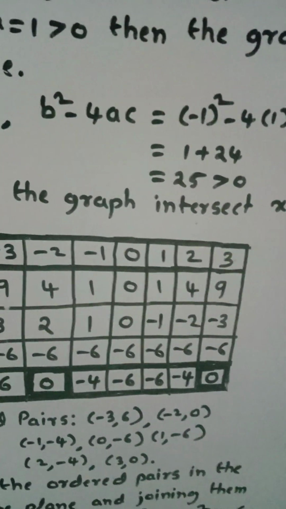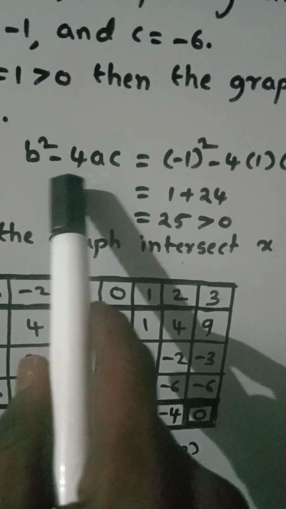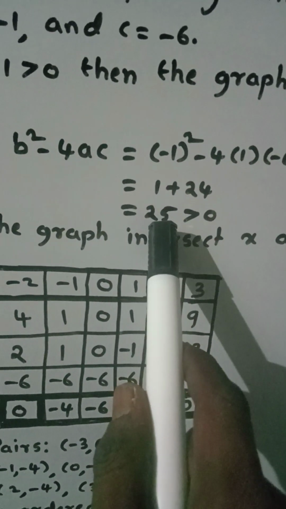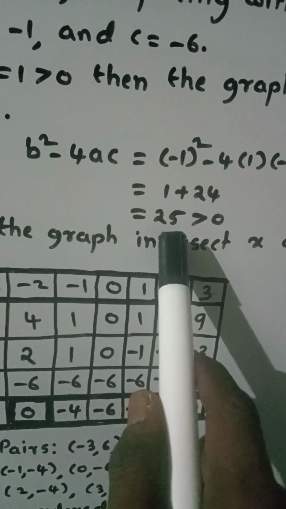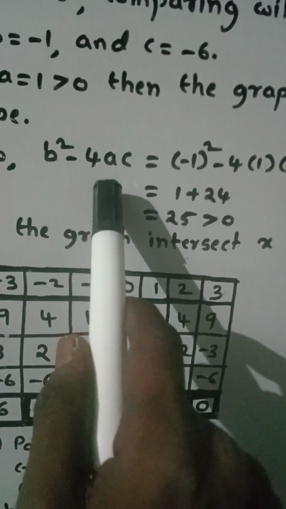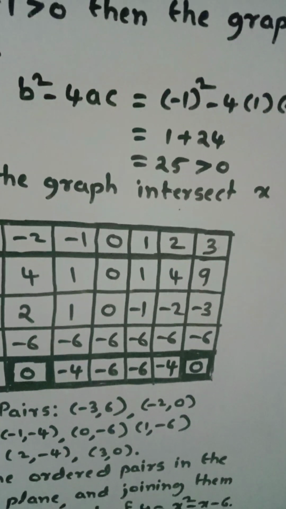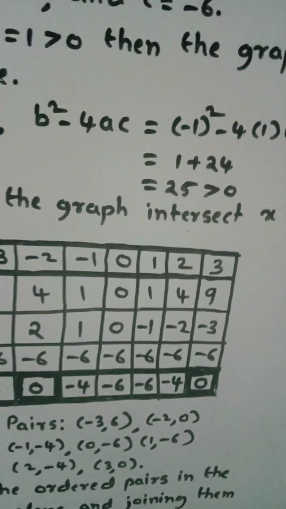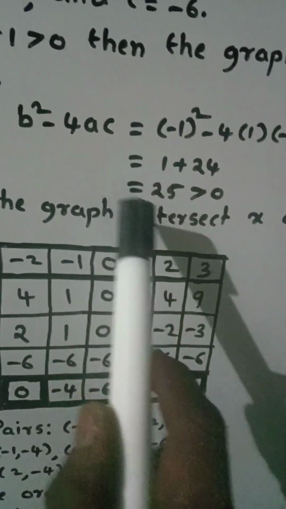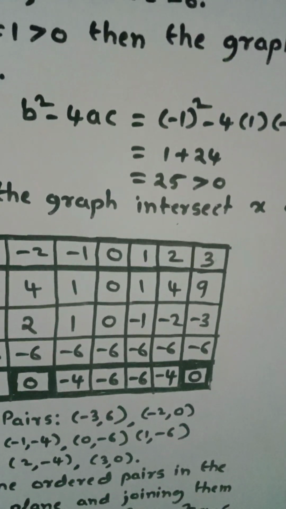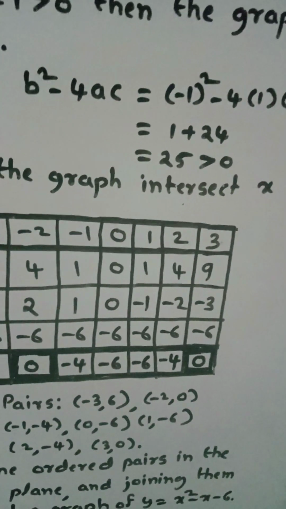You need to remember only one thing here. We have to check whether the value of b square minus 4ac is positive, negative, or equal to 0. If b square minus 4ac is greater than 0, then the graph always intersects the x-axis at 2 points. If it is equal to 0, the graph of the given function touches the x-axis at one point.